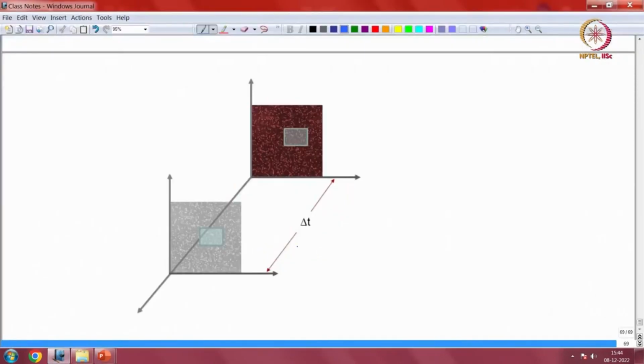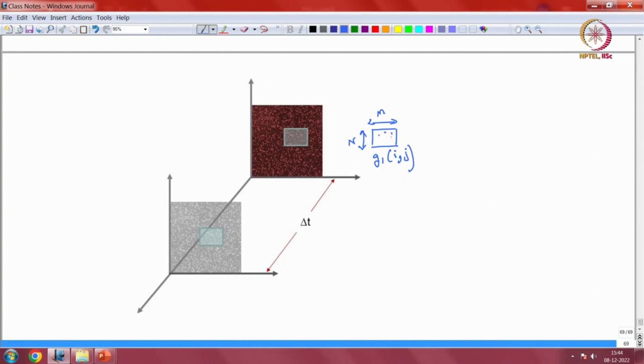So, I have the same image here, and I am just going to draw it on the side. Basically we have a small box of, let us say, m cross n pixels, and I am going to call this G1, G1 i comma j.